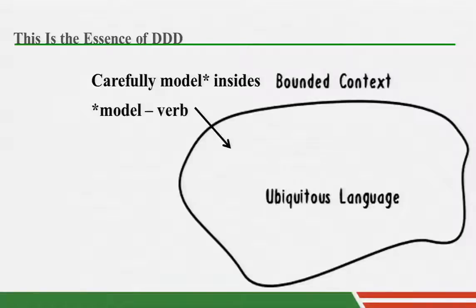Another thing to add here is that when someone talks about using DDD to carefully model a ubiquitous language inside the bounded context, model is a verb. Sometimes we refer to the model mostly in the noun sense, because we take, let's say, a data model from a database and generate what we might call a domain model.